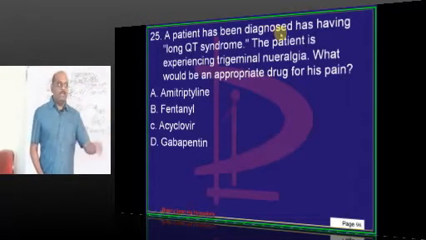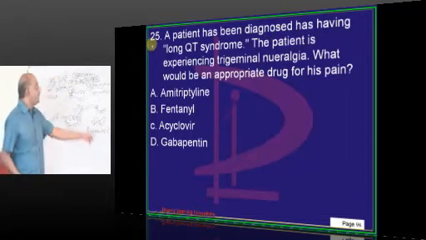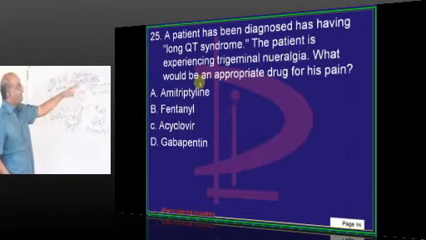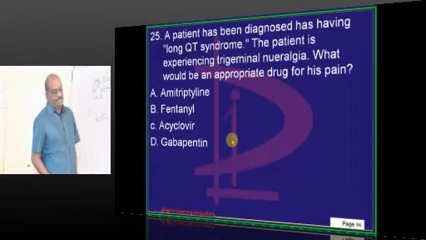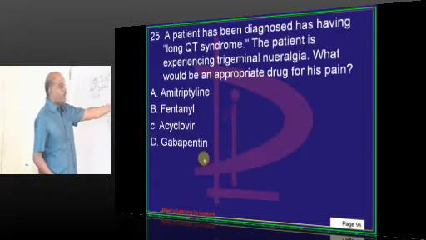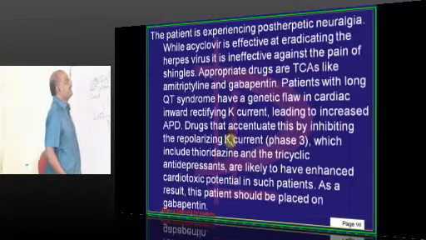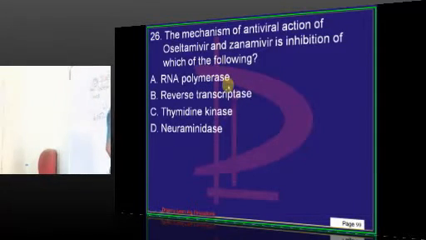It also will prolong the QT and predispose to ventricular tachycardia. So fentanyl, acyclovir, amitriptyline, in fact acyclovir anyway is not useful already when trigeminal neuralgia has already evolved. But amitriptyline you can't use, but gabapentin you can use safely in the backdrop of long QT syndrome.